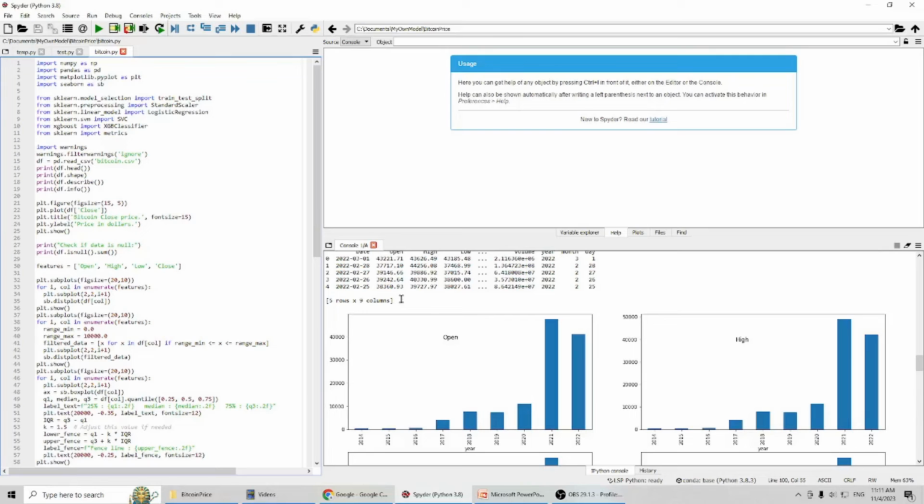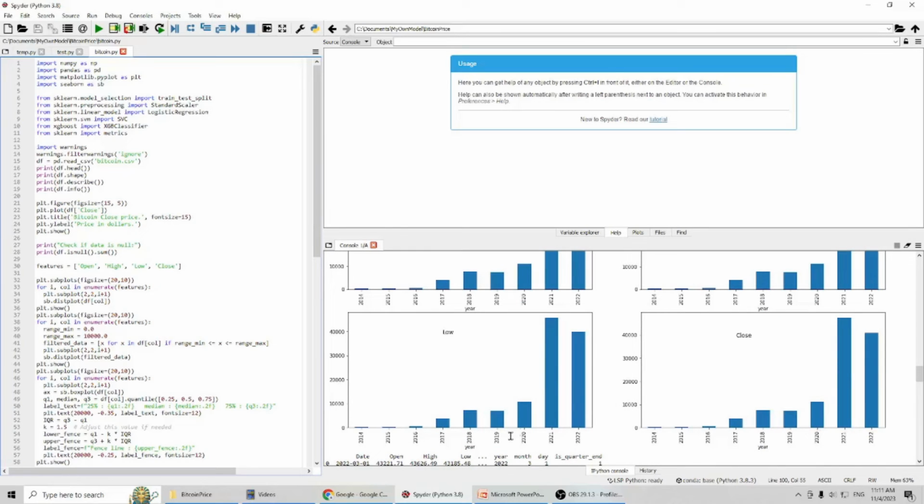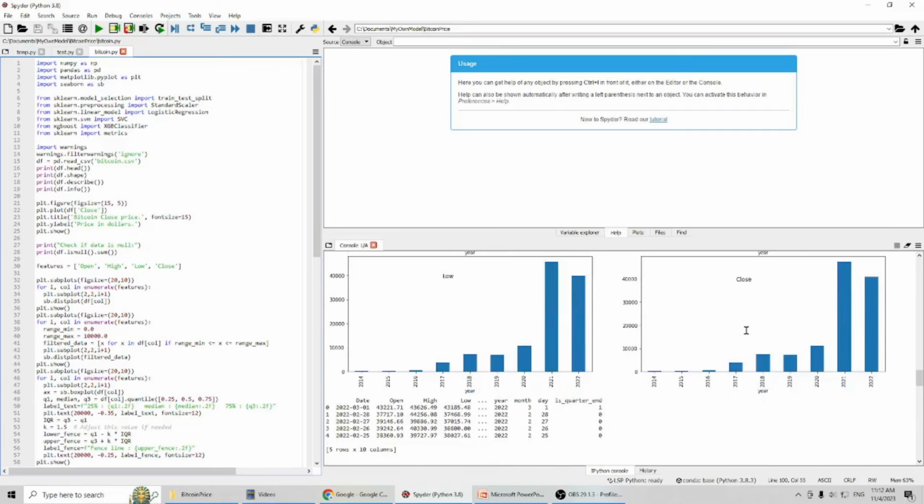If we check the average price of the year, you can see in 2021, Bitcoin price reached the peak. It jumped up like this, and then it went down. Similarly with the high price, low price, and close price.